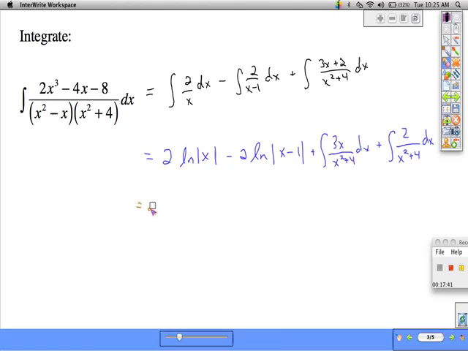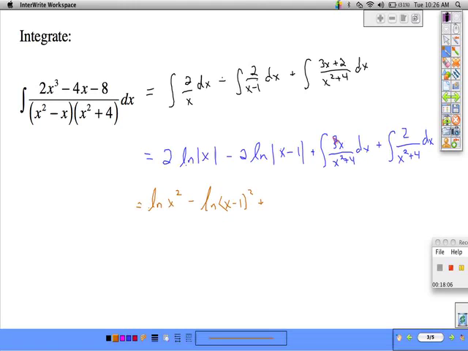And then depending on what you like to do, I can change this into the natural log of x squared, getting rid of the absolute value lines. Same with the second term, I can move the 2 up there. Plus, now I need to do a little u substitution with this first integral.